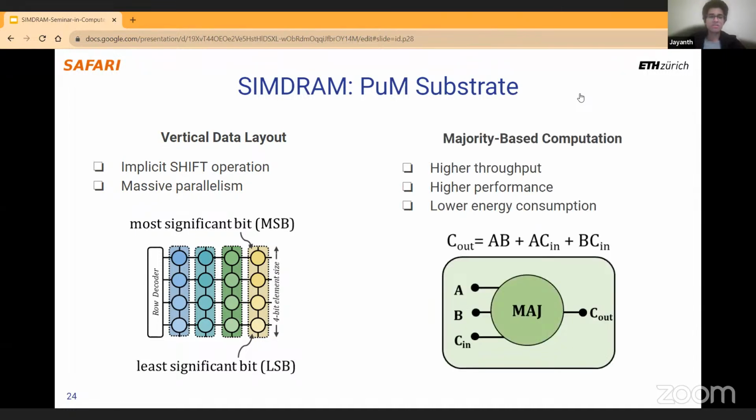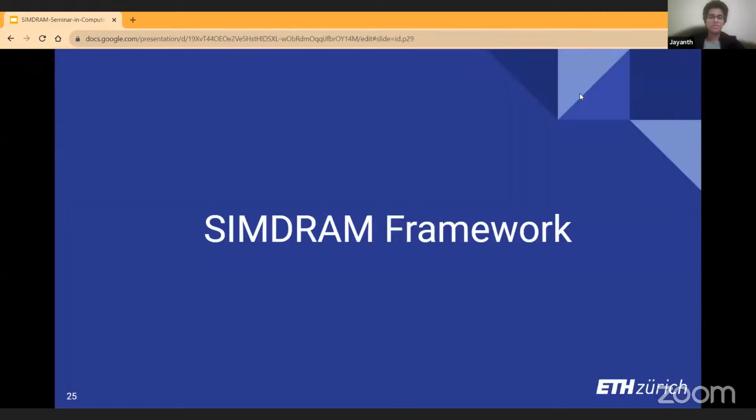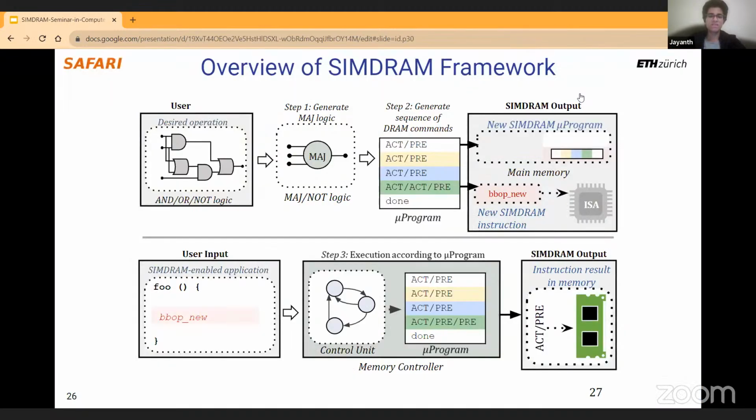And the second feature is majority-based computation, as we just saw. It was shown that implementing operations using majority provided higher throughput, higher performance, and also better energy efficiency. Now coming to the design of the SIMDRAM framework, there are three key steps involved.